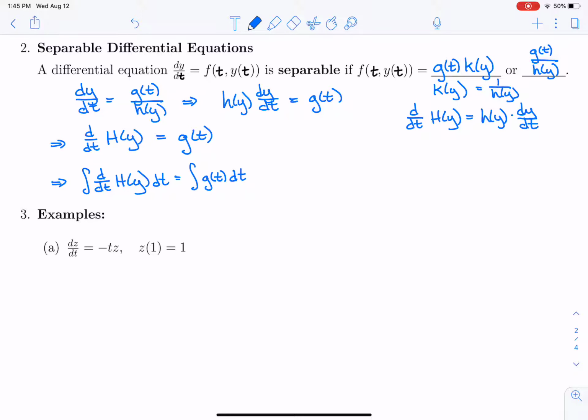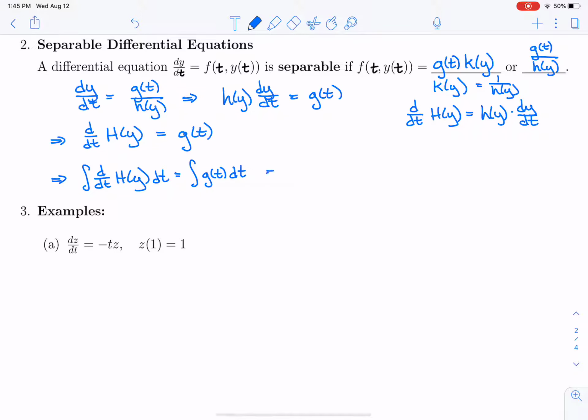And then the left-hand side is H of y, because the integral of the derivative is just going to be the function itself. So it's the antiderivative H of y. And we're saying that H of y is equal to the integral of g of t dt.